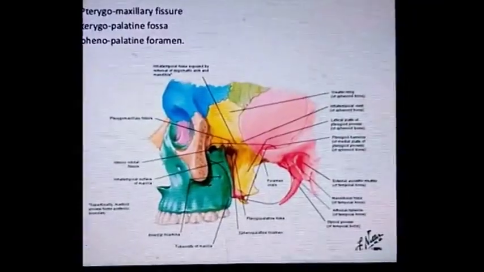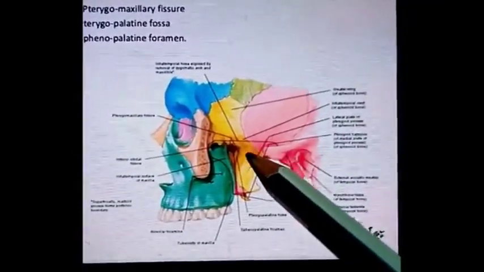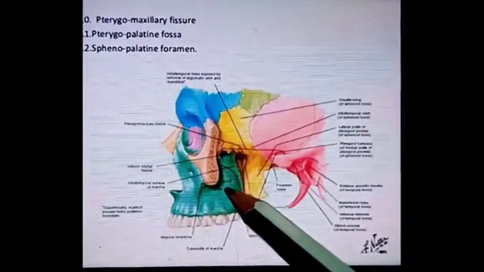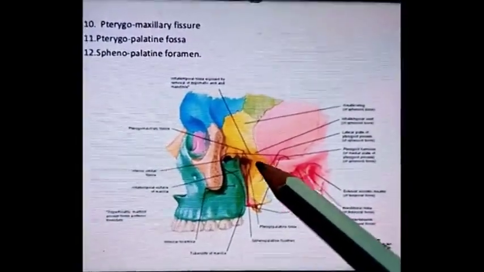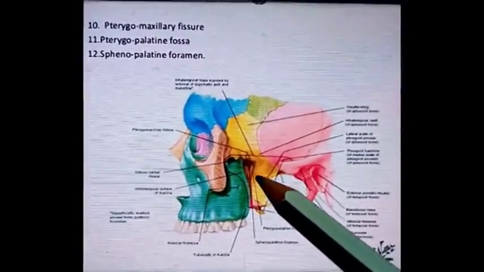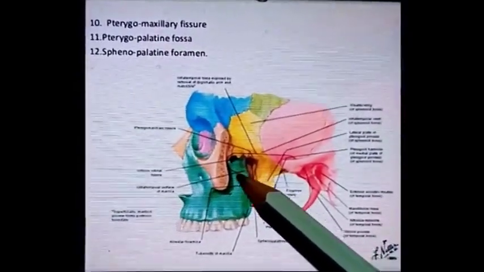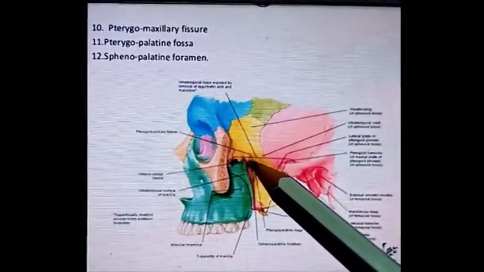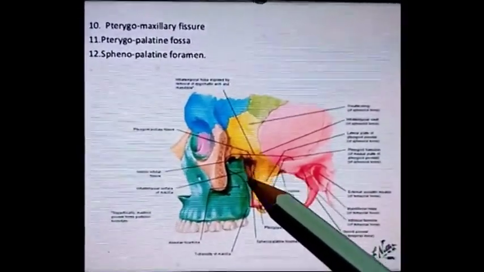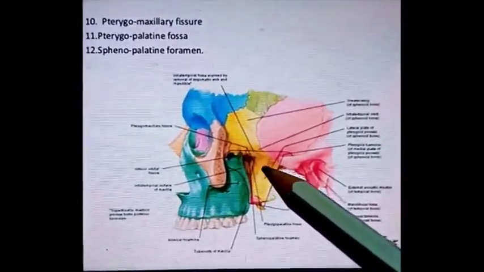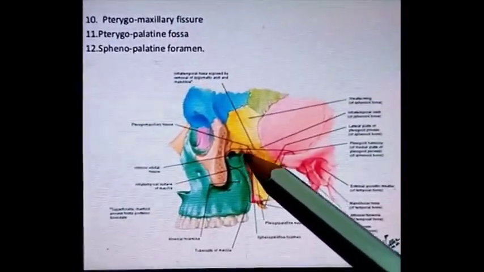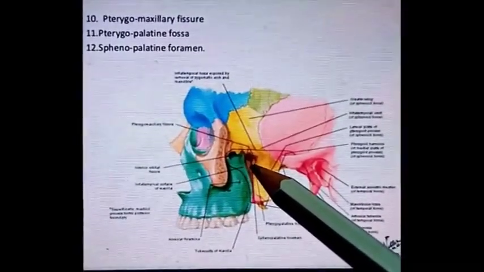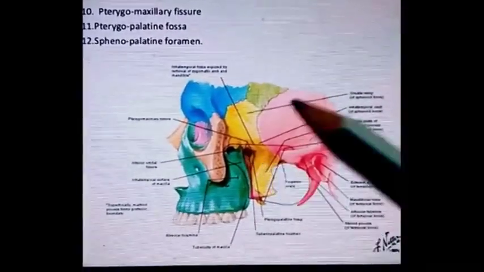When we see the norma lateralis without mandible, we see maxilla bone, pterygoid process of sphenoid bone, and between these two bones in this area we can see a small fissure known as pterygomaxillary fissure. So towards the medial aspect of this fissure lies the pterygopalatine fossa.